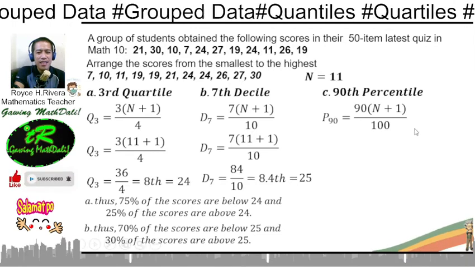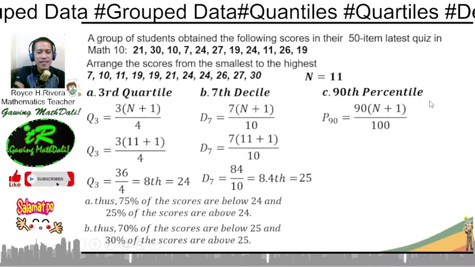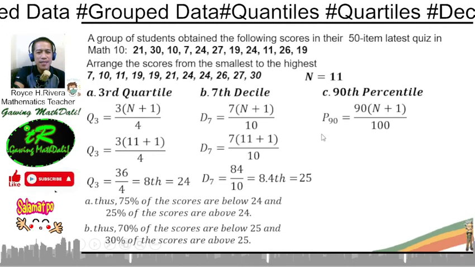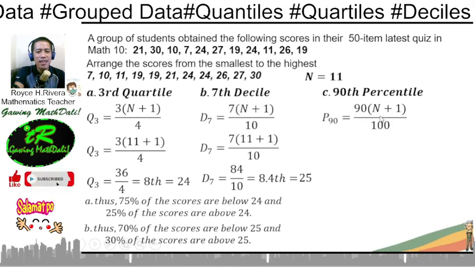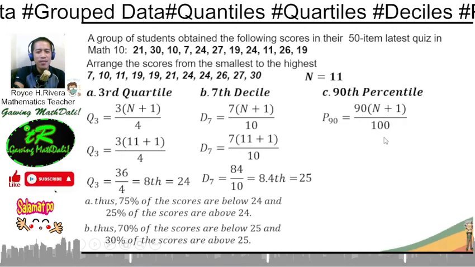Percentile 90. The formula, percentile 90 is equal to 90 times the quantity n plus 1 all over 100.